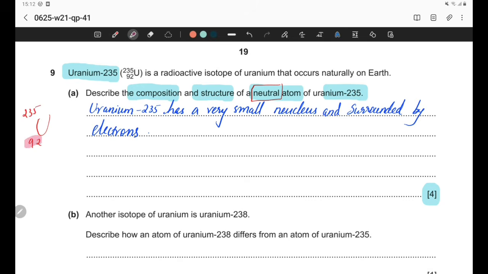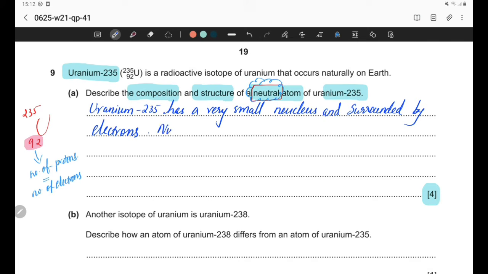By looking at the atomic number, we can identify how many protons there are, because the atomic number always represents the number of protons, and it is 92. So it has 92 protons, and since it is a neutral atom, the number of protons must be equal to the number of electrons also. And you have to be very careful. It is only because this atom is neutral.